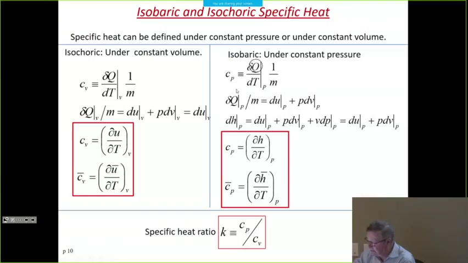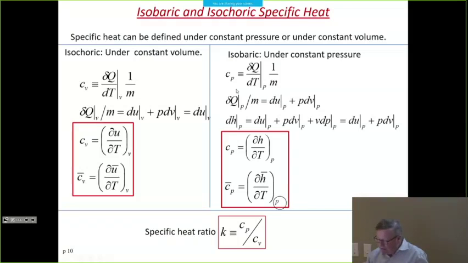Well, then, if I take the derivative of Q over T at constant pressure, I end up with the derivative of the enthalpy with temperature at constant pressure, and that is what the specific heat is at constant pressure. Or per mole, C bar P is dH bar/dT at constant pressure.